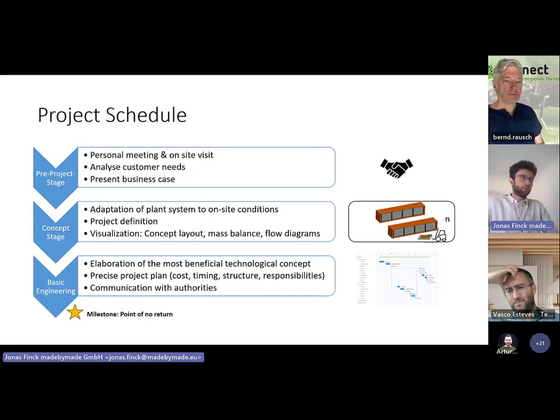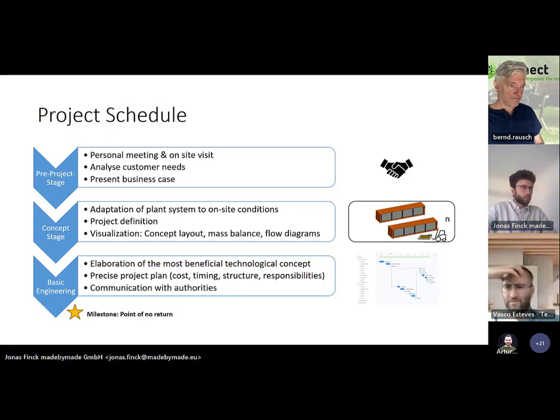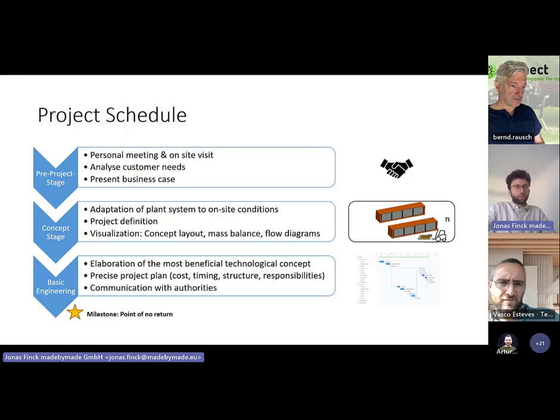And for me, it's very important to start with a personal meeting because we are all in a quite young industry. It's also about trust, and you should also visit the facilities and check if it is something for you in terms of size, in terms of management, etc.